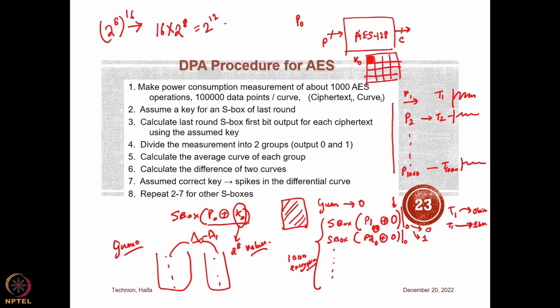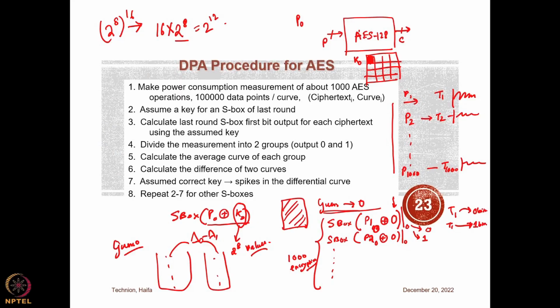No, I tried only for one S box because I was targeting the 0th key byte. This particular key byte will only get combined with one S box. So how do you do 16 into 2 to the power of 8? To recover this 1 key byte I require 2 to the power of 8 guesses, because this guess of the key I did it only for 0, but I have to do 0, 1, 2 till 255.